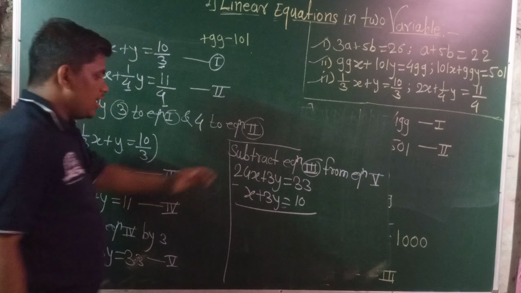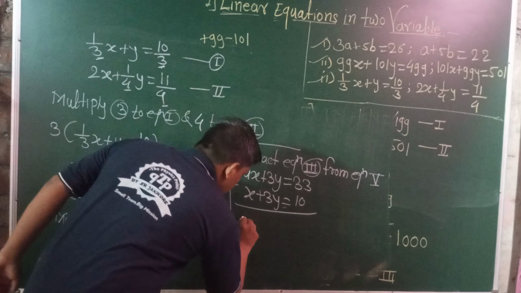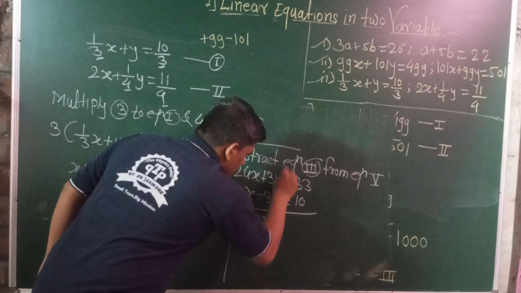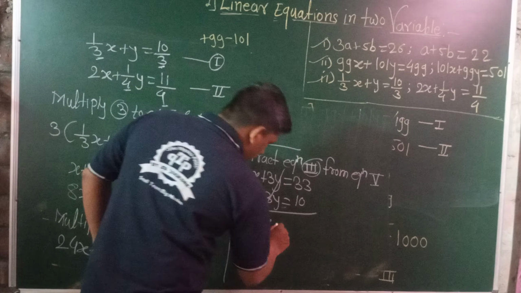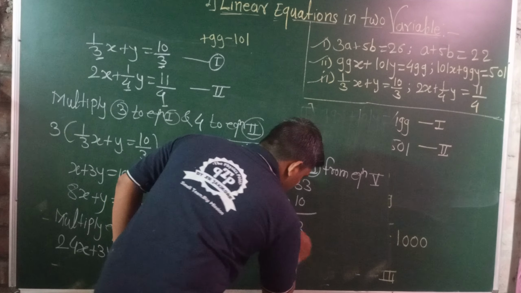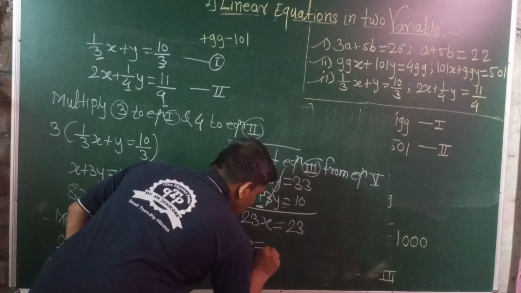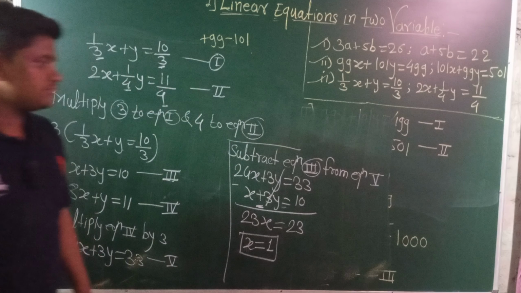Now 24x minus 1x is 23x. 3y cancels, because minus and plus cancel. 33 minus 10 is 23. That means 23x equal to 23, x equal to 1.